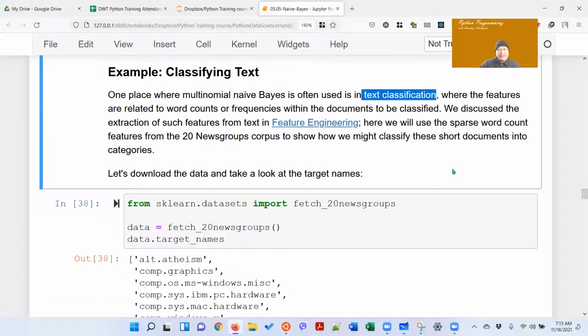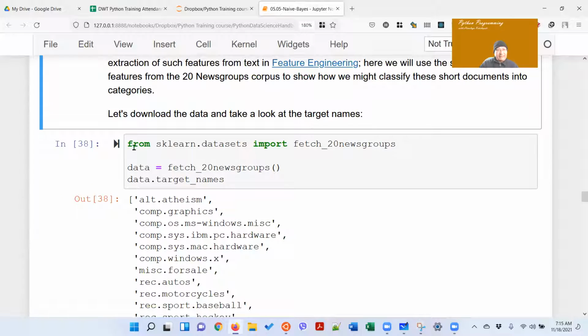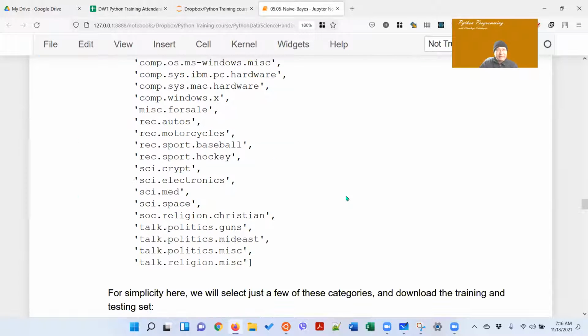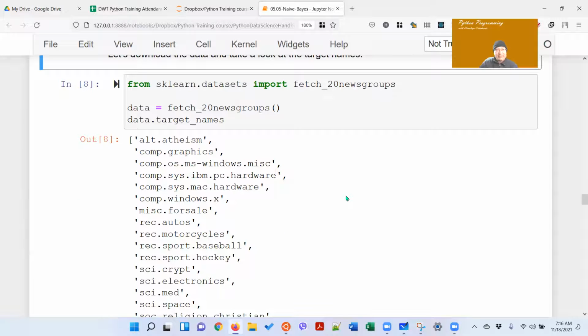Let's see. I'm going to download this data set. It's the 20 newsgroups data set. You can see here there is a news data set, like news articles, and each article has a category: atheism, computer graphics, computer operating systems, MS Windows miscellaneous.